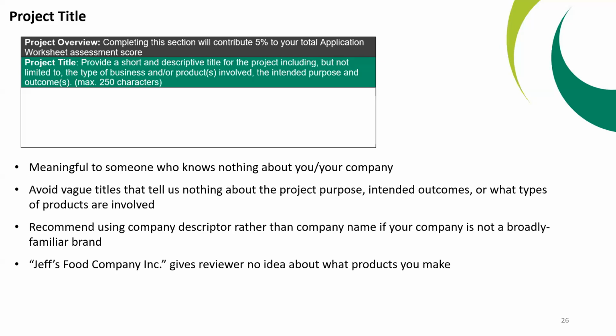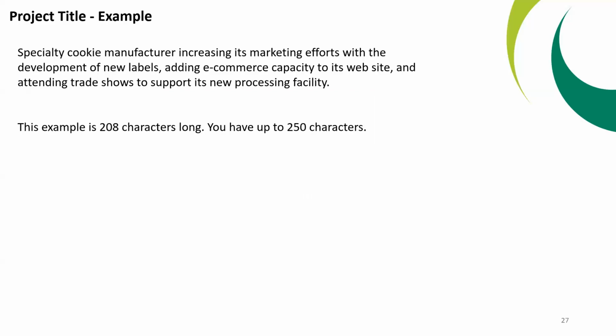For instance, Jeff's Food Company, no one's ever heard of it. So you're better off to say what kind of company it is. As an example, a title could be something like: specialty cookie manufacturer increasing its marketing efforts with the development of new labels, adding e-commerce capacity to its website, and attending trade shows to support its new processing facility.